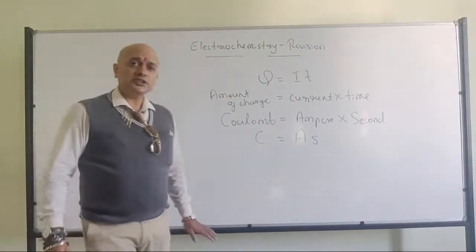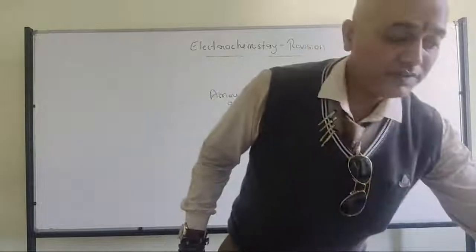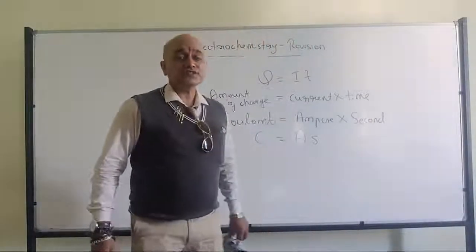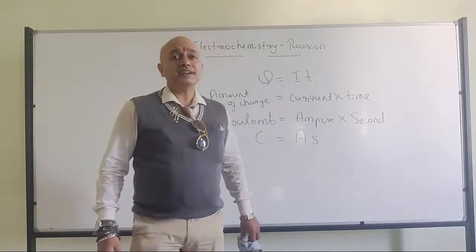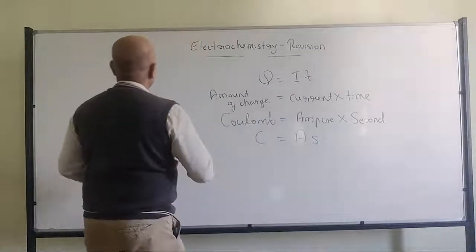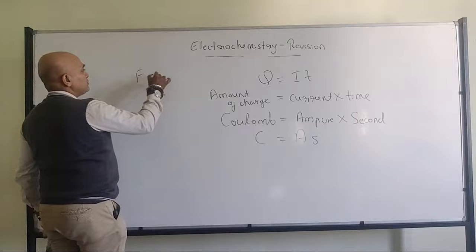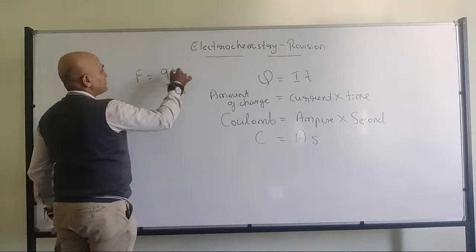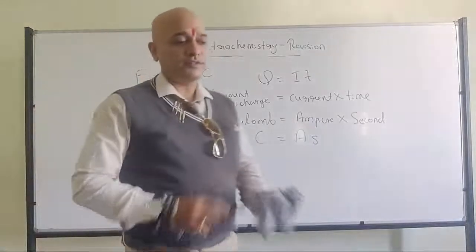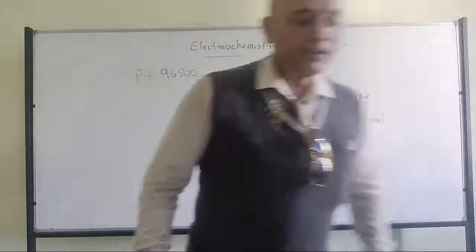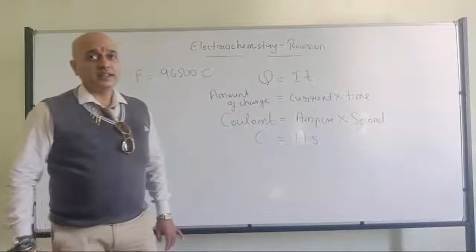All of you have understood? And that's where we have one of the values which is called Faraday's constant. F is equal to 96,500 coulomb.